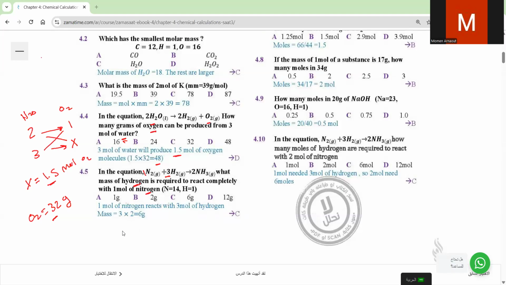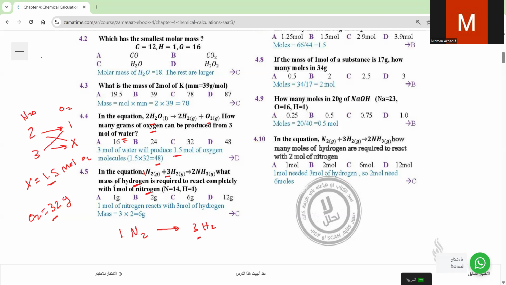You can write 1 nitrogen, they need 3 hydrogen, mole, of course. So for every 1 mole of nitrogen, they need 3 moles of hydrogen.